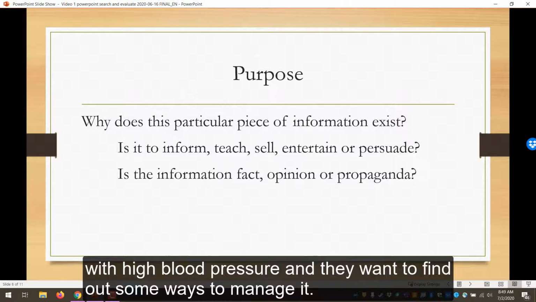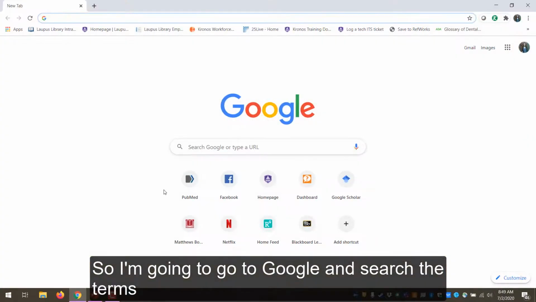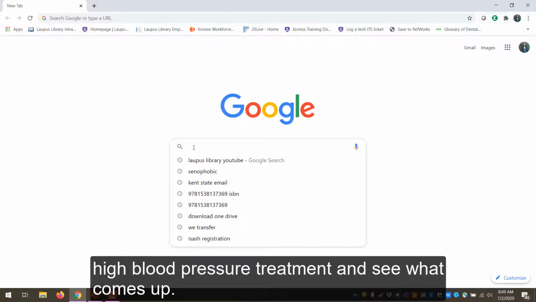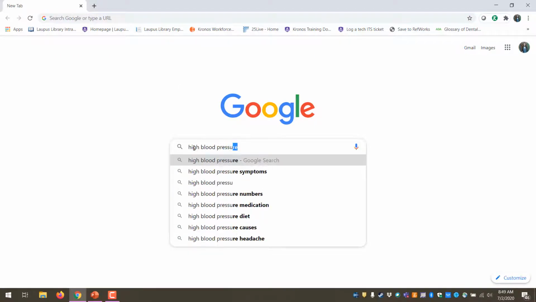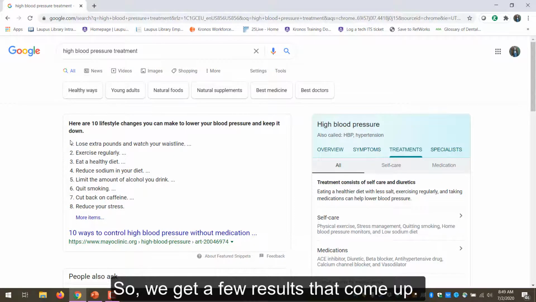Suppose you had a patient with high blood pressure and they want to find out some ways to manage it. So I'm going to go to Google and search the terms high blood pressure treatment and see what comes up. So we get a few results that come up.